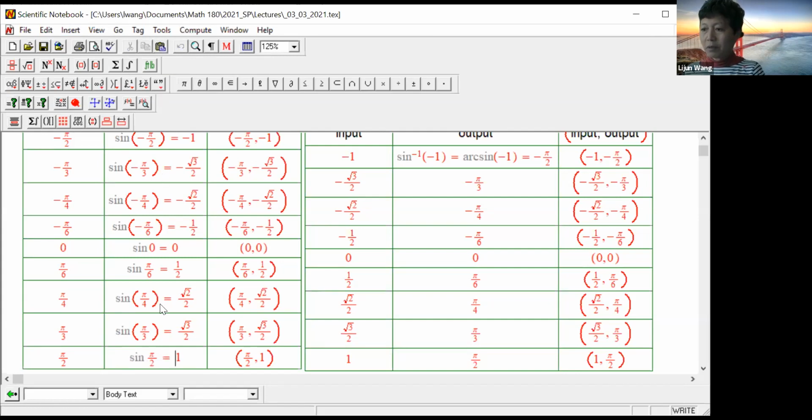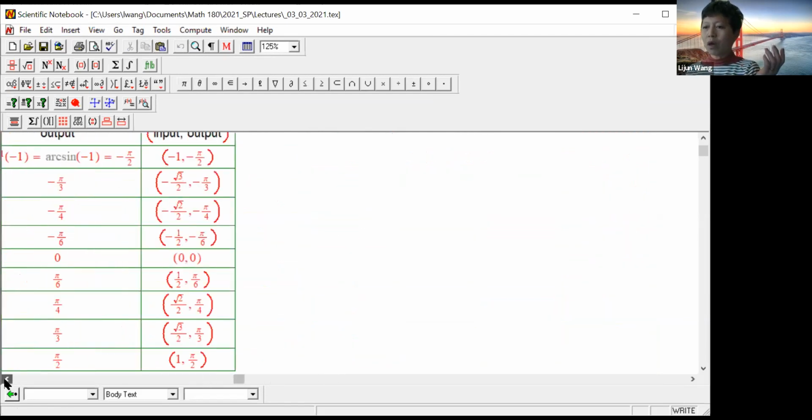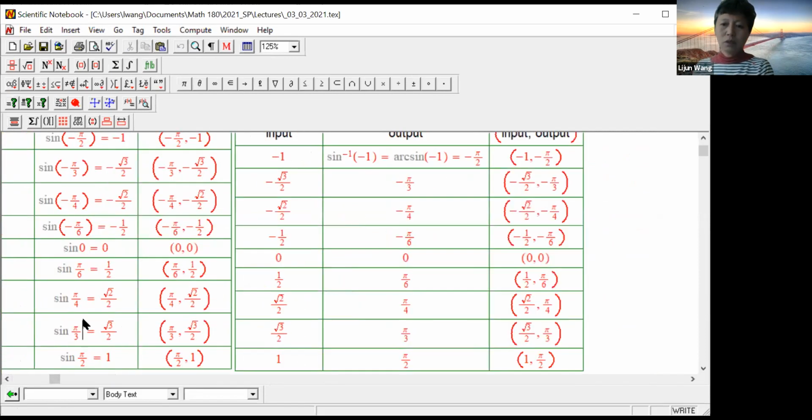For example, if these parentheses are not necessary, remove them. But if you put them there, is it wrong? No, it's not wrong. But if it's not necessary, why should I write it? To make it nicer and cleaner. But here, because of the negative sign, you must put parentheses.